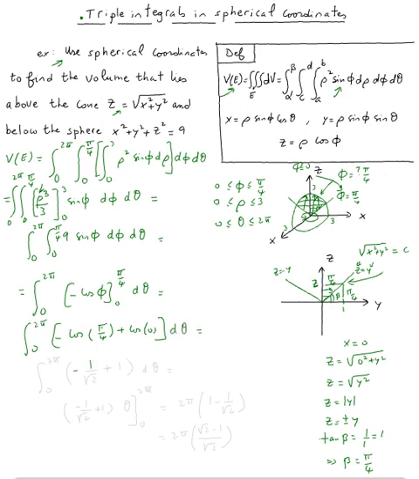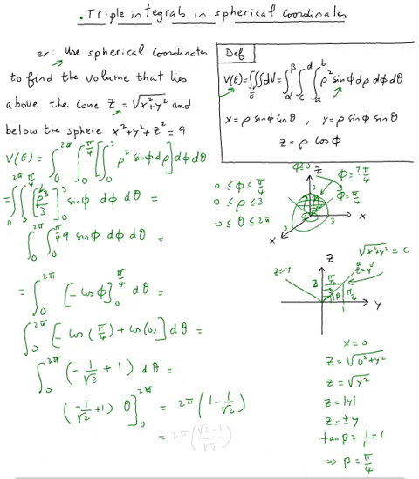Cosine of pi over 4 is 1 over square root of 2. Cosine of 0 is 1. And the integral of d theta is theta, and the constant I'm not touching. So theta between 0 and 2 pi. Now plug in the 2 pi. I get 2 pi, 1 minus 1 over square root of 2, minus 0.